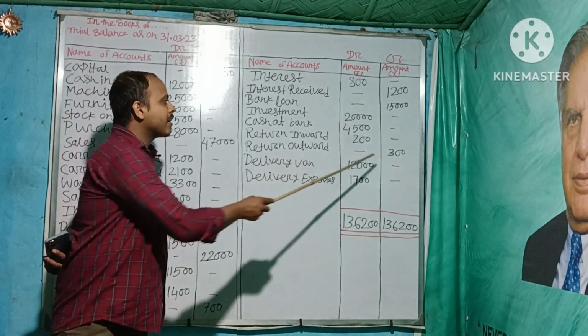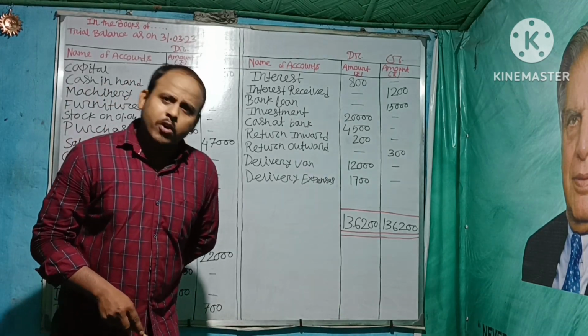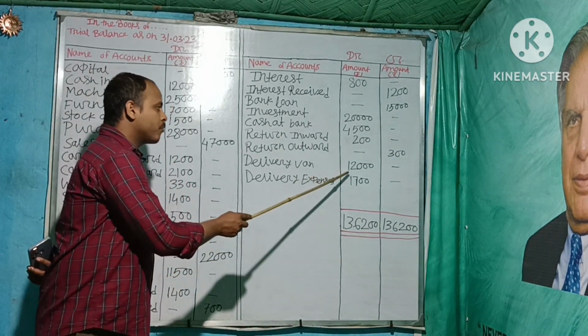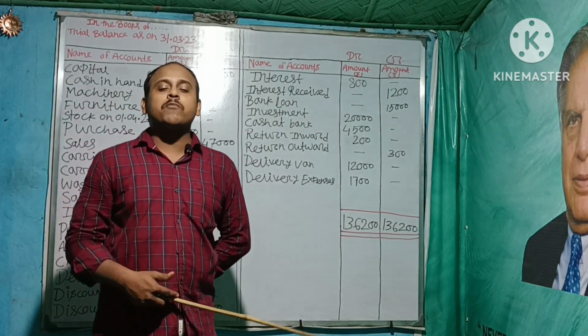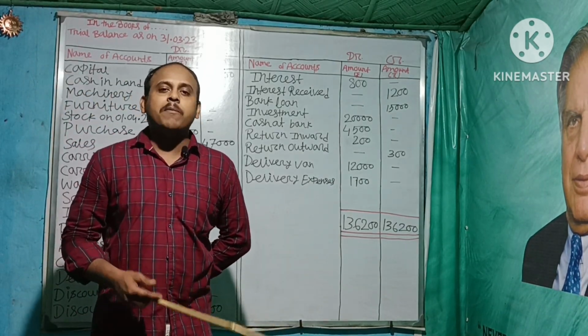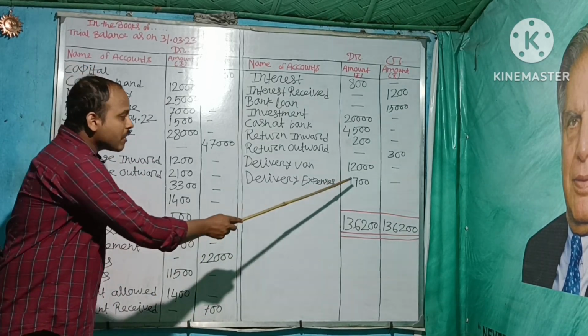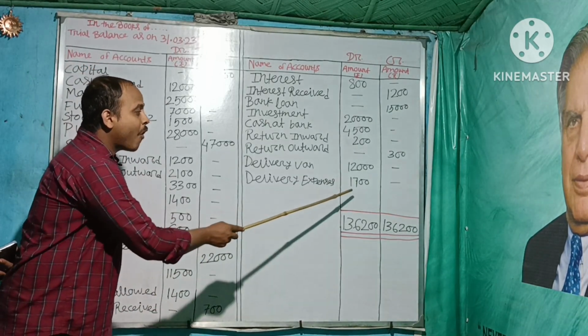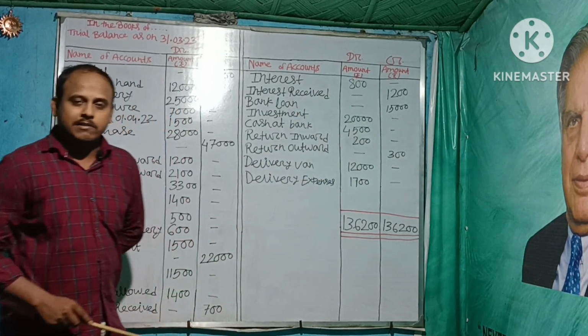This balance is always a credit balance, 300. Delivery van, this is one of the assets. Assets are always debit balances, 12,000. Delivery expenses: if we deliver goods to a customer, whatever expenses happen, we call delivery expenses. For that reason, this is an expense, 1,700, that is our debit balance.